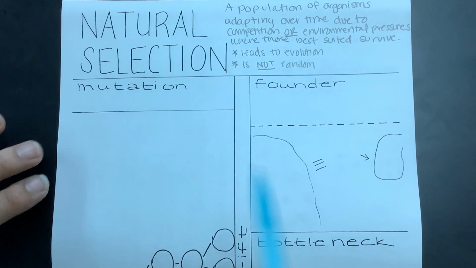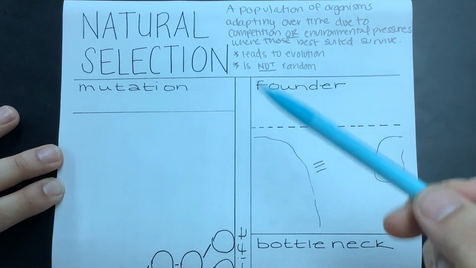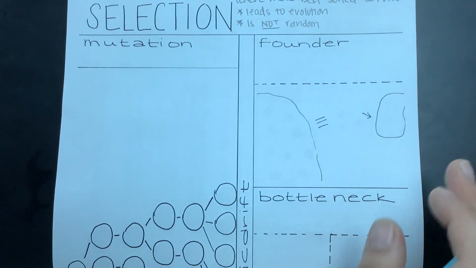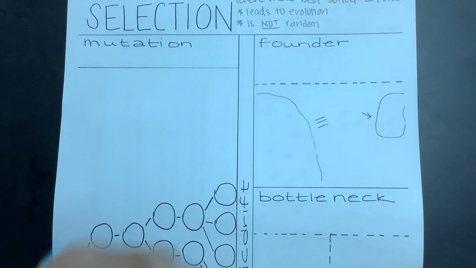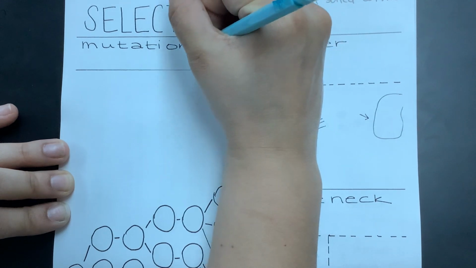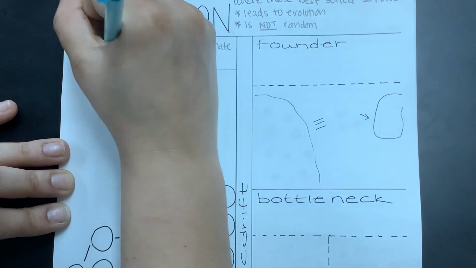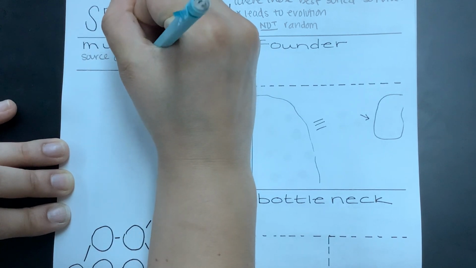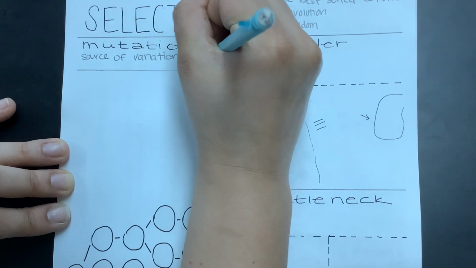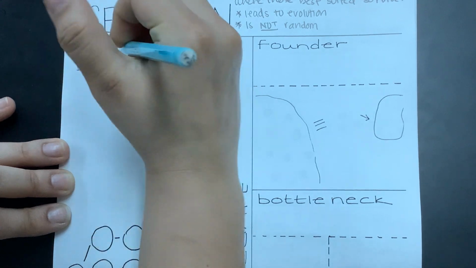So again, natural selection is not random and it leads to evolution, but there are all these other things that we know of that are random and happen by chance that can also lead to evolution. The first one we're going to talk about is mutation, and mutation is the ultimate source of variation, a change in DNA that affects traits.